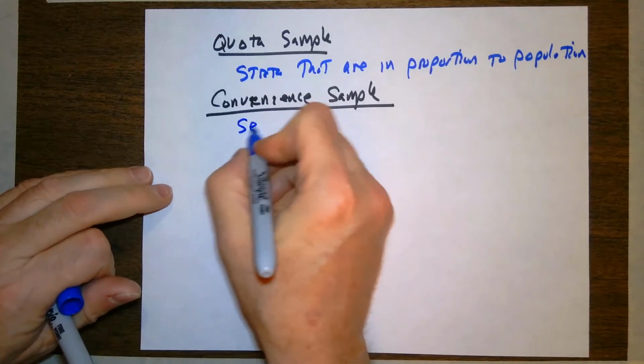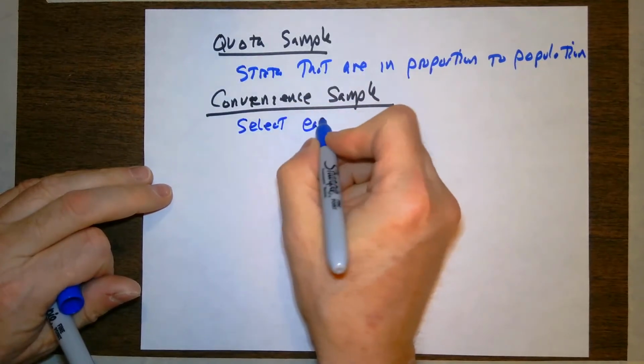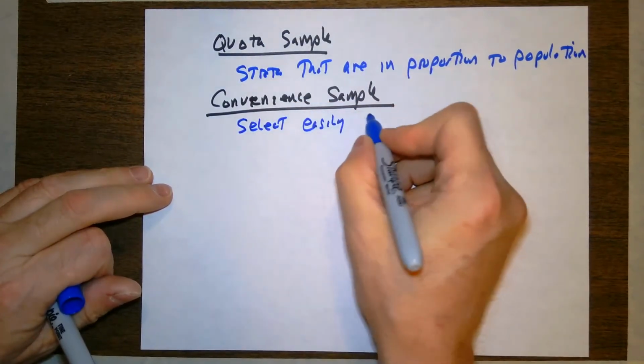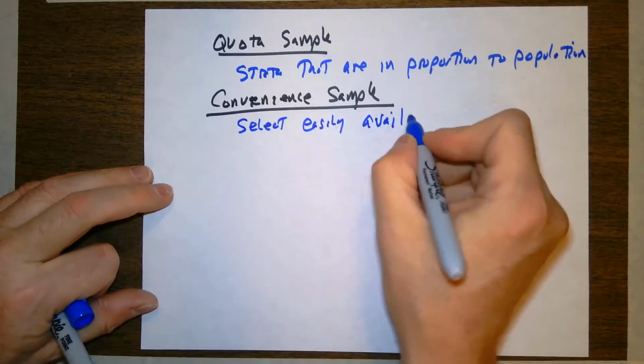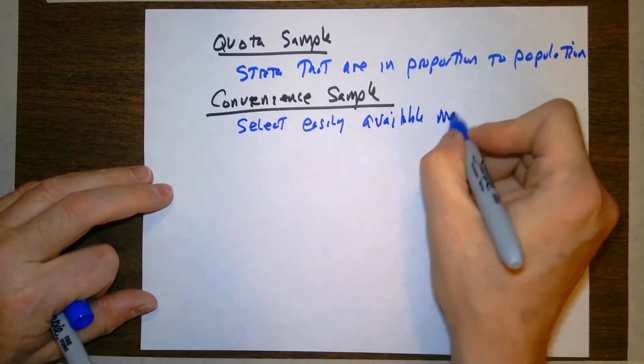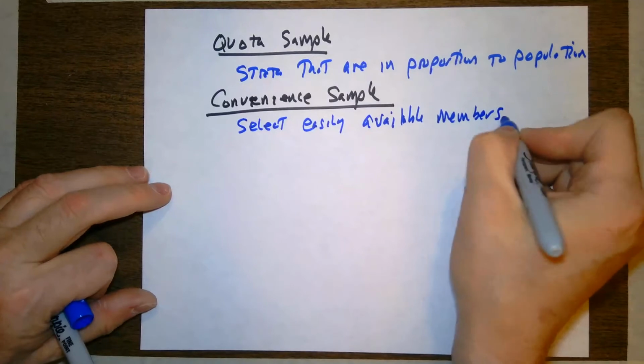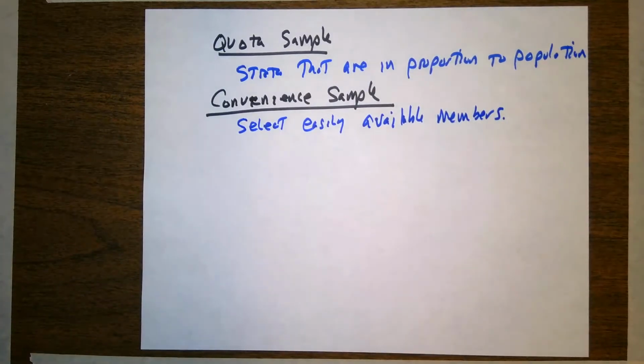So we're just going to select easily available members. Walk out there during lunch and hand out a questionnaire: hey, how much homework do you have to do? That's a convenience sample. Just go around and get the people that are close to you, nearby, quick and easy to get.